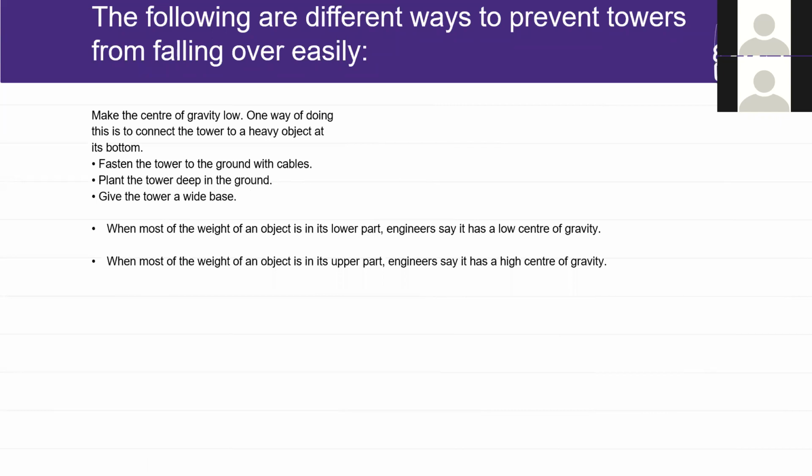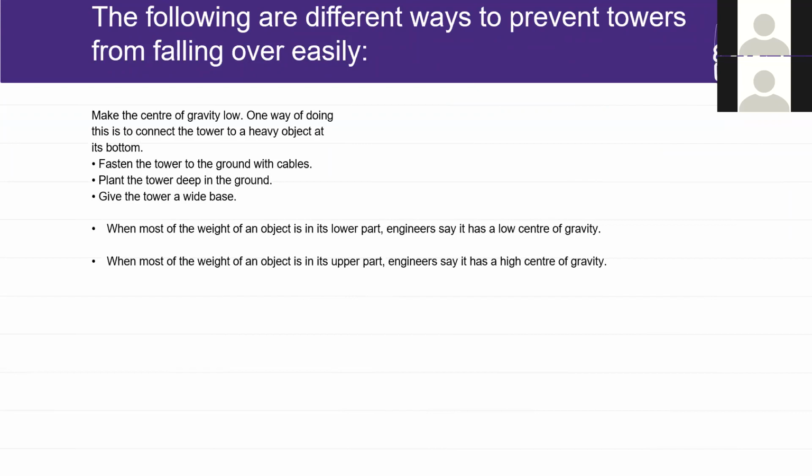Okay, when most of the weight of an object is in its lower part, engineers say it has a low center of gravity. When most of the weight of an object is in its upper part, engineers say it has a high center of gravity.